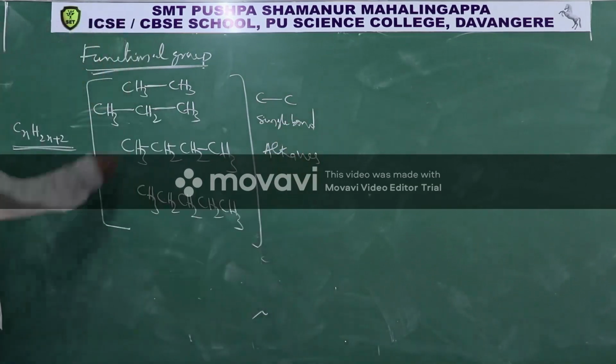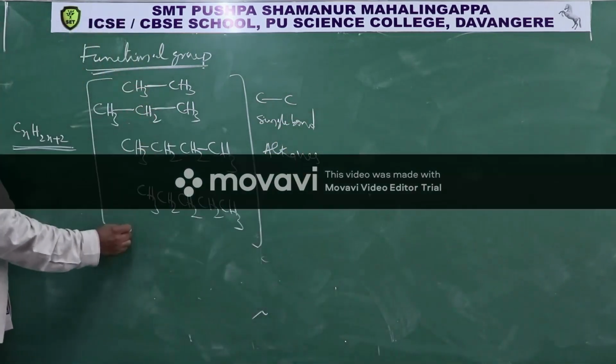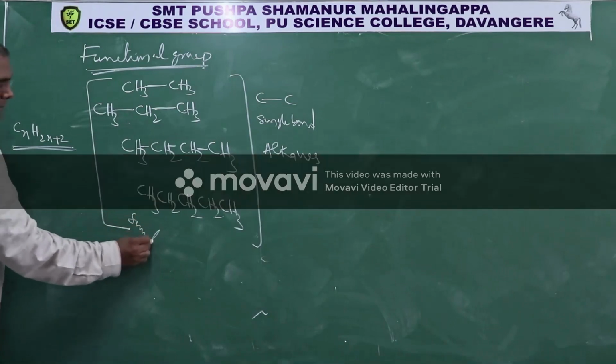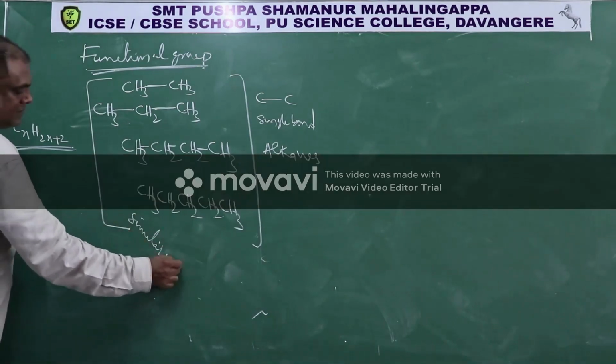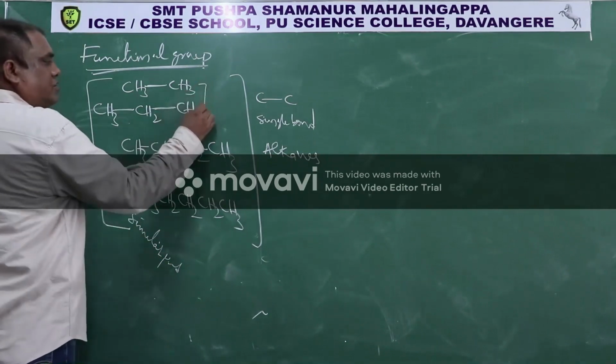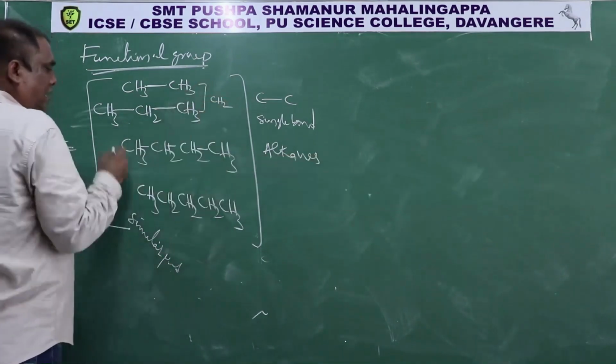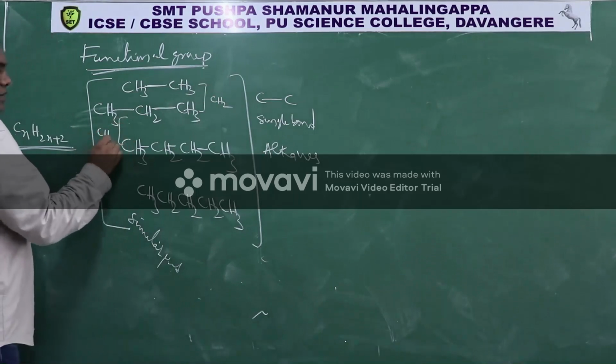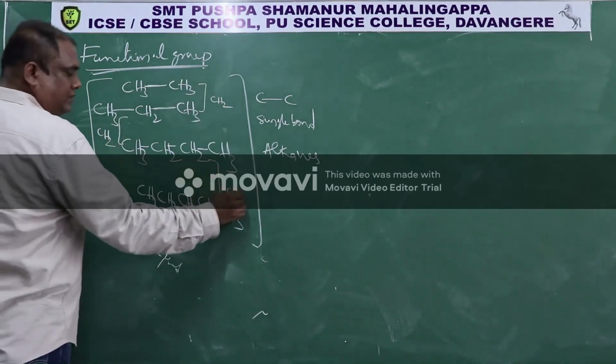Now all these compounds called alkanes have similar properties. But if you observe, the difference between each of these is CH2.